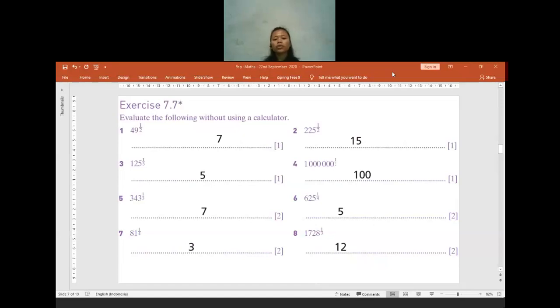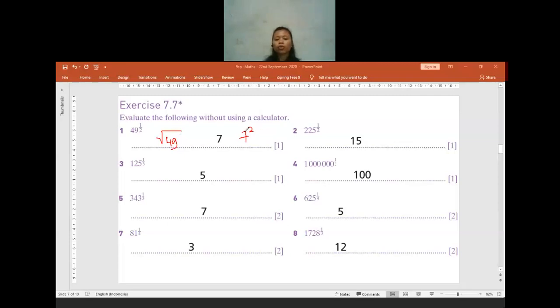Now for the next number, we have 49 to the power of a half. As you know, to the power of a half means you have to find the square root of the number given. So there are two ways. You can make it the square root of 49, which equals 7.